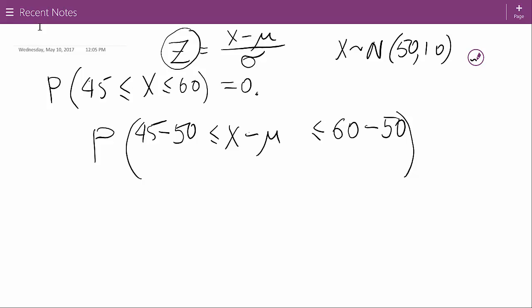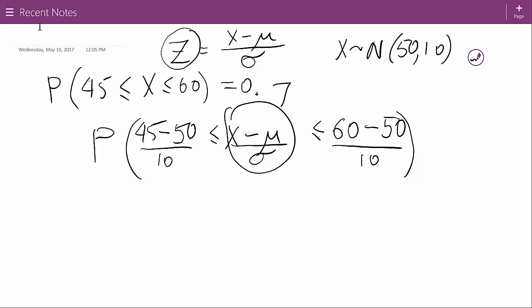So I divide all three parts by sigma, which is positive, and I can keep the signs. Now again I'm getting numerical: sigma is 10, so this is 10 and this is 10. In the middle, you can see that I'm getting a z, standard normal. I'm going to write it out. Z is distributed normally with the mean of how much?